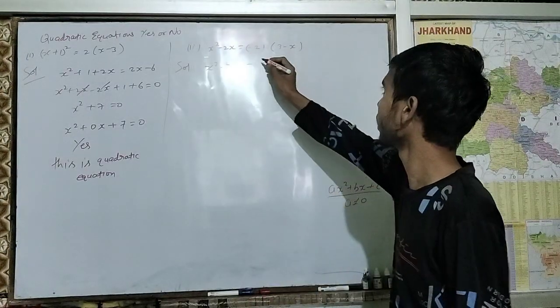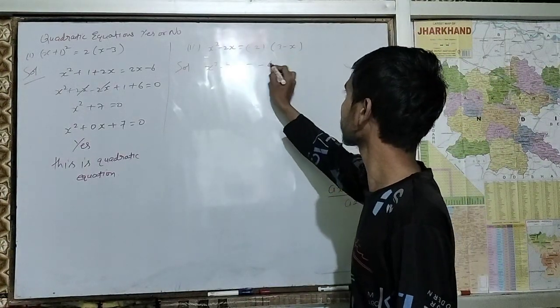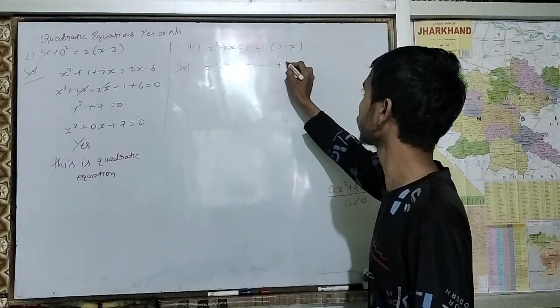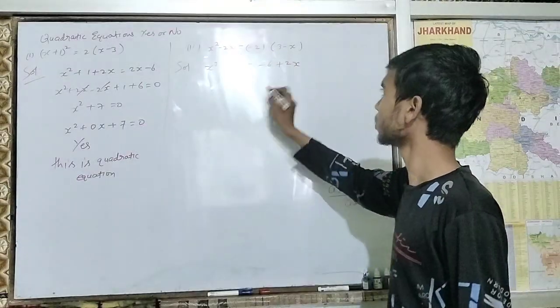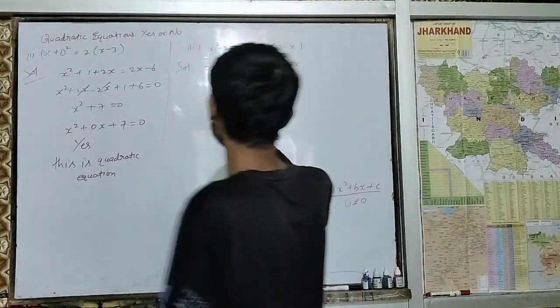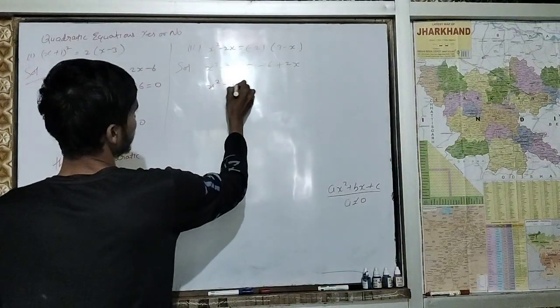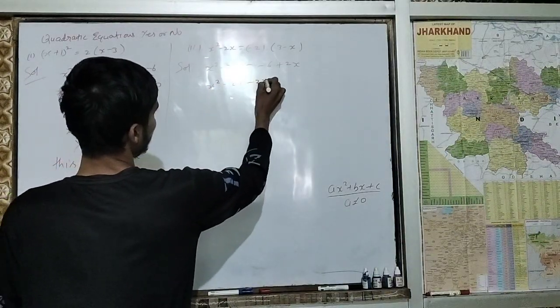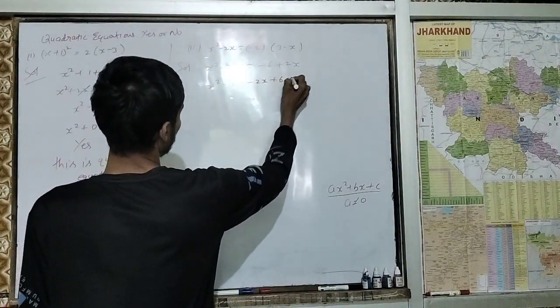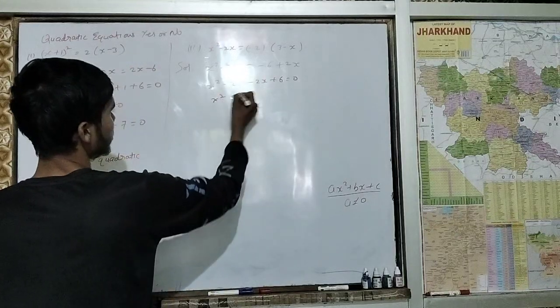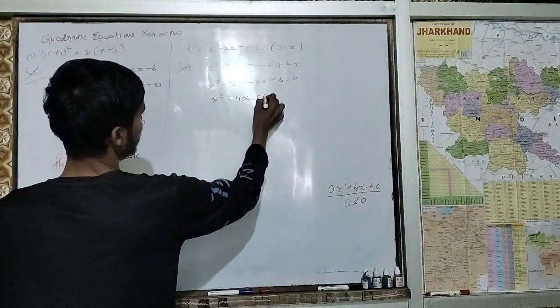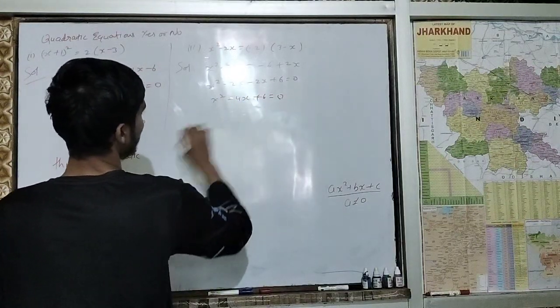Minus 2 times this, it will become minus 6, then minus minus plus 2x. Clear? Now whatever is possible: x square minus 2x, then here minus 2x, then here plus 6 is equal to 0. x square, this is becoming minus 4x, then plus 6 is equal to 0.